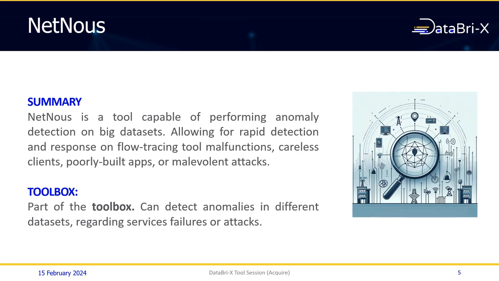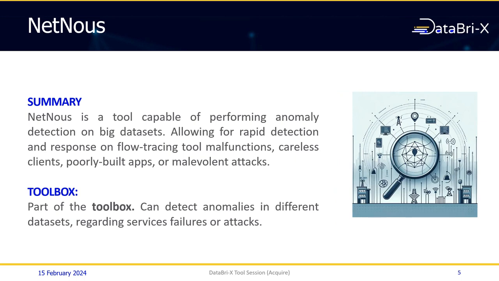This leads us to the next tool, which is NetNous, which is a tool capable of performing anomaly detection on big datasets, allowing for rapid detection and response on flow tracing malfunctions, careless clients, poorly built applications, or malevolent attacks. It's part of the toolbox and can detect anomalies in different datasets regarding service failures or attacks.